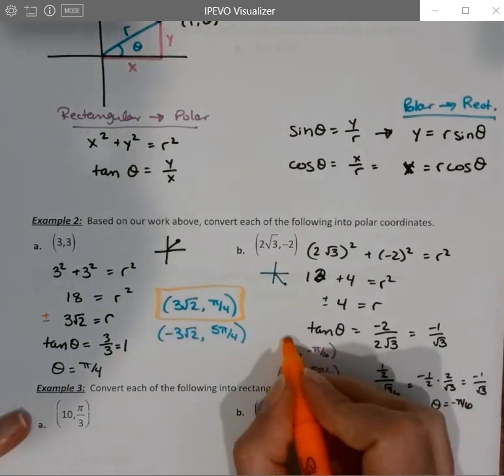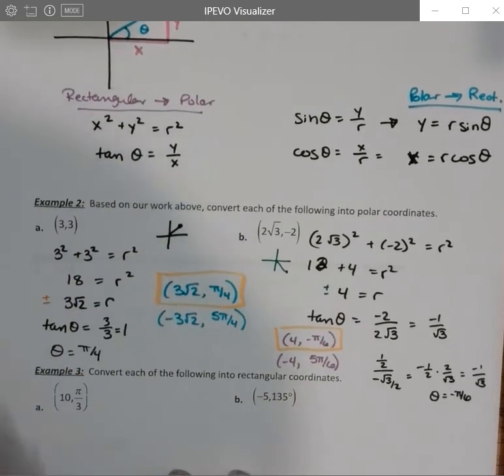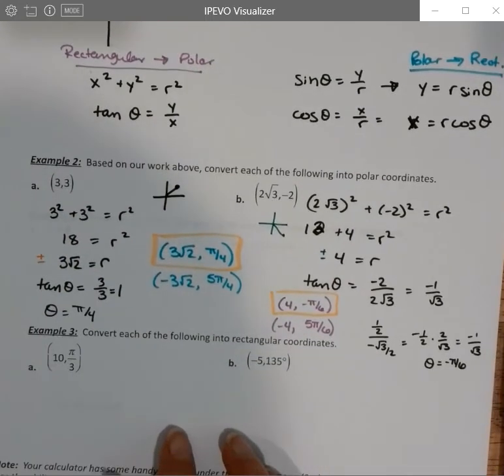I'm going to say the primary representation is probably the top one with the negative pi sixths, because that is what comes out of the arctan function. It's in the range of the arctan function. So that's what I would say. They're both valid. Okay, so there are 2 different ways to represent that point, both in polar.